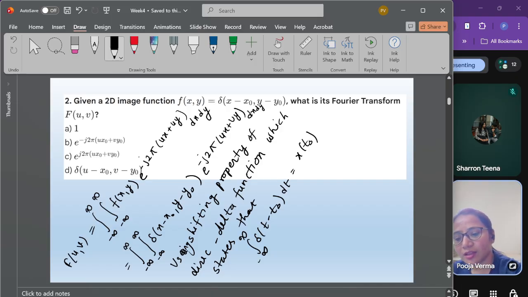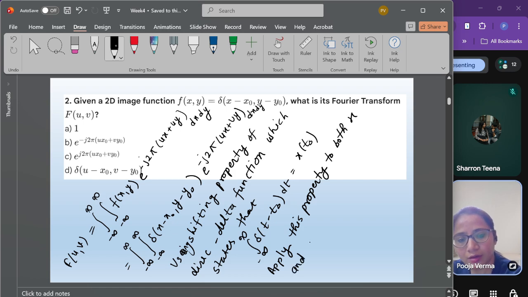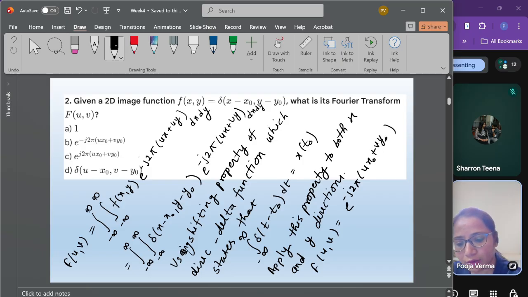Now, if we apply this property in both the x and y directions, then we can find e to the power minus j 2 pi (u x naught plus v y naught), right?